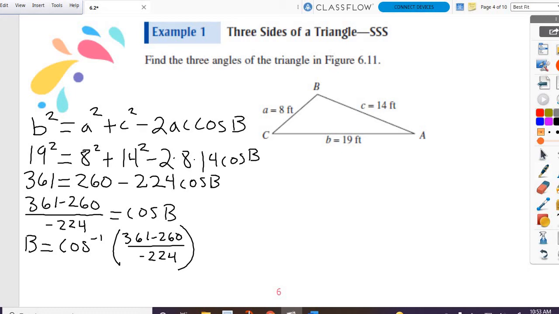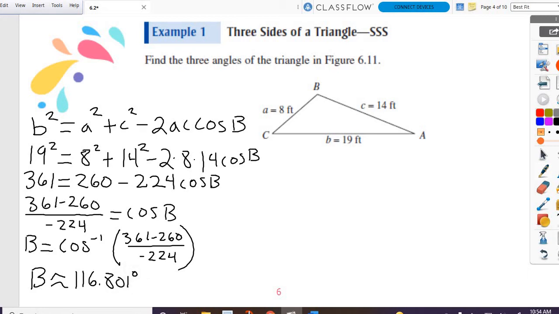Which is why we round to 3 decimals, because I would not count off for you having a slightly larger rounding error. So you putting 3 decimals allows me to see that you have mostly the same answer, you just rounded it differently. Does that make sense? Okay. So what do we get? 116.801, and we are in degrees.